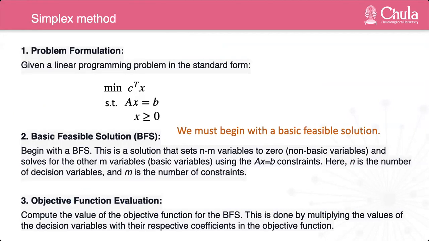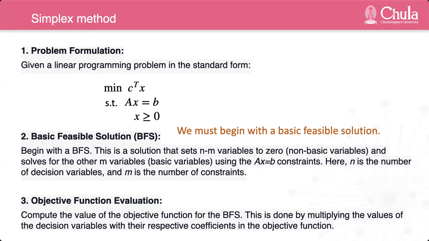Okay, so the idea is we formulate the problem in this form, and then we find the basic feasible solution. Okay, and then we compute the value of the objective function. Later you can read and try to understand what I wrote here, but I'm going to explain the algorithm to you in a way that is easier to understand.